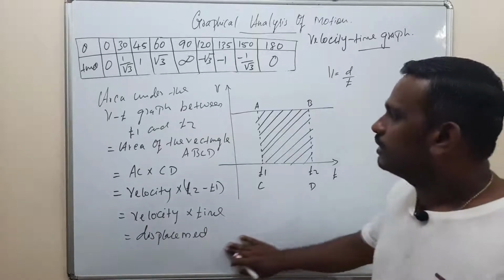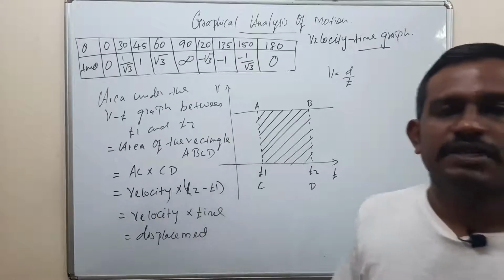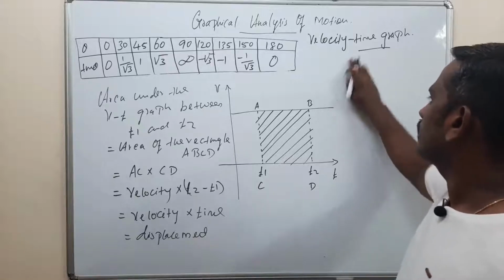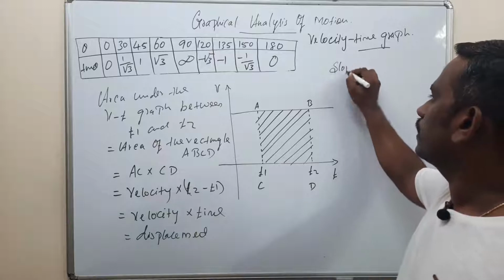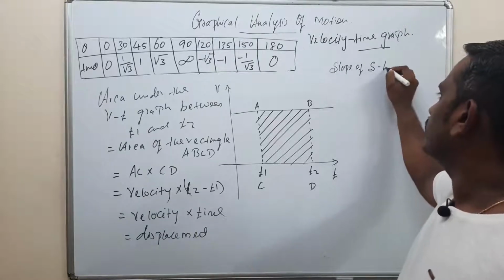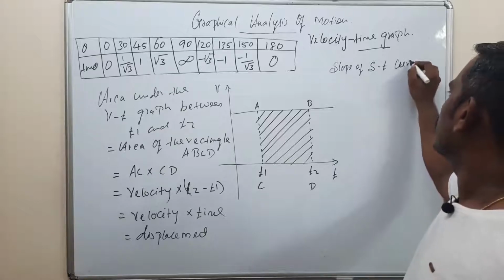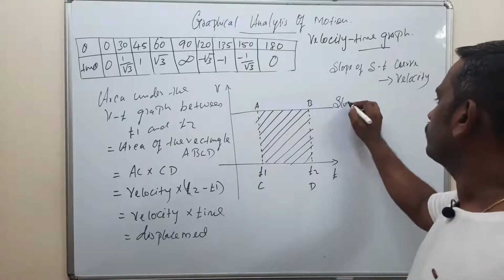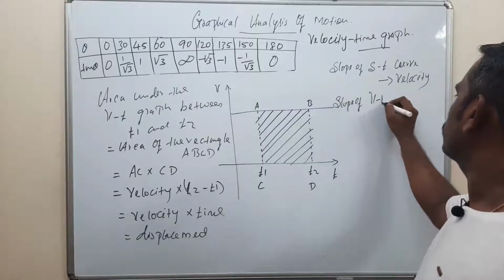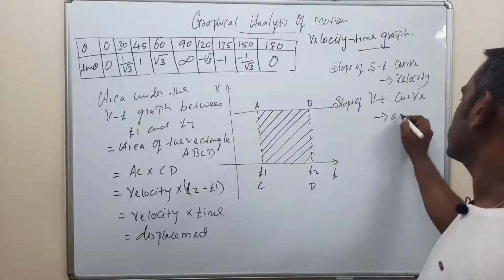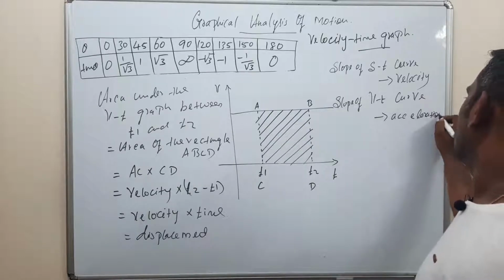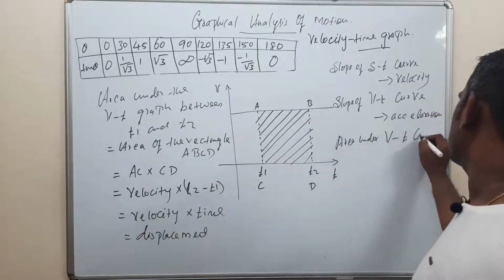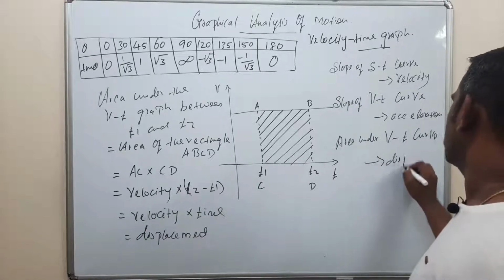So the slope of the ST curve gives velocity. The slope of the VT curve gives acceleration. The area under the VT curve is displacement.